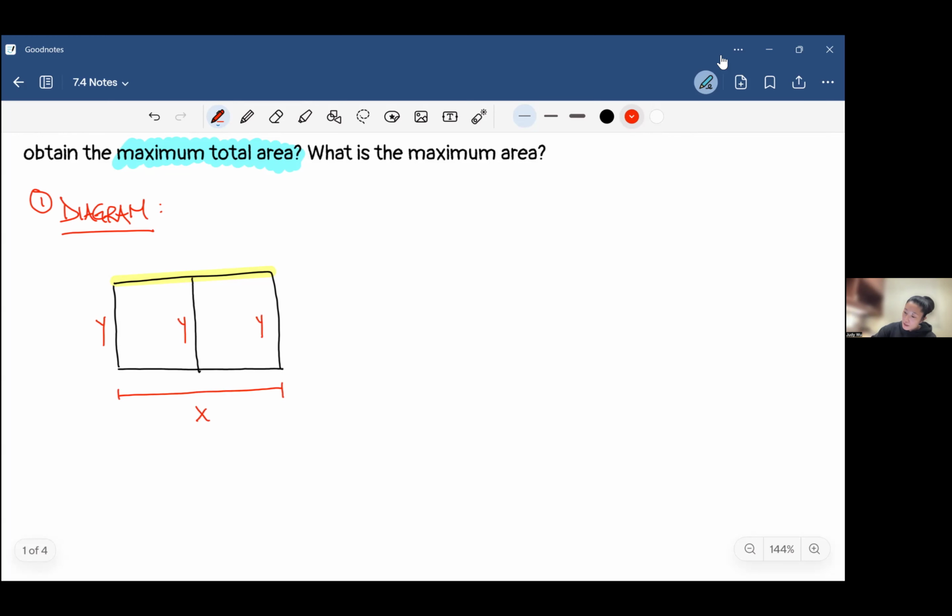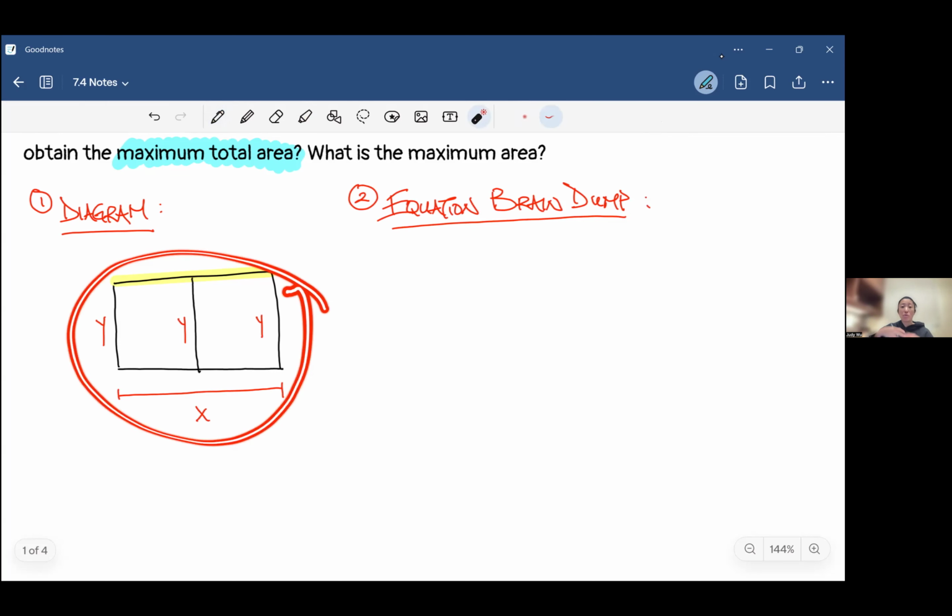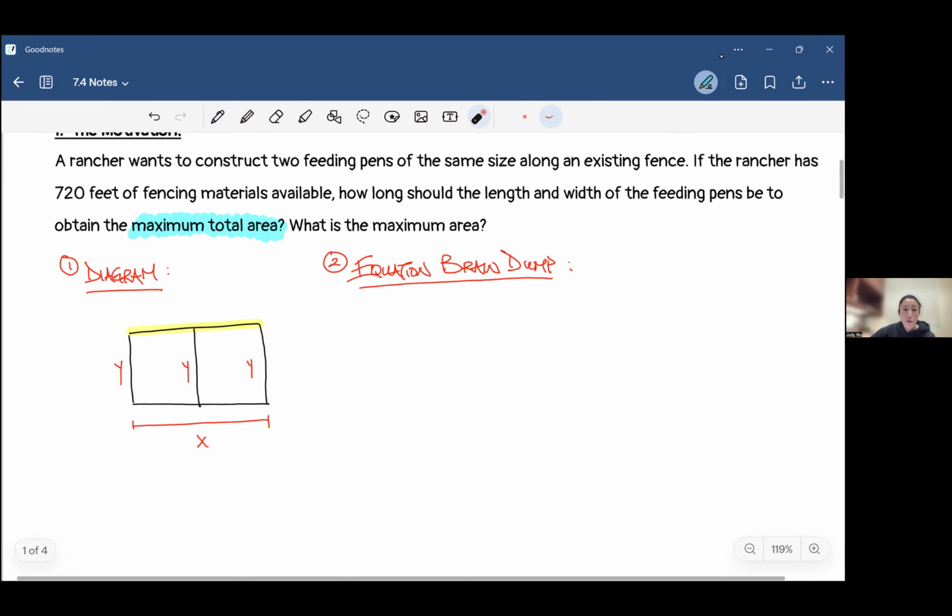And from here, I can actually write some equations. I call this an equation brain dump. What I like to do is to come up with all the equations that I might use with this diagram and the wording from the question.